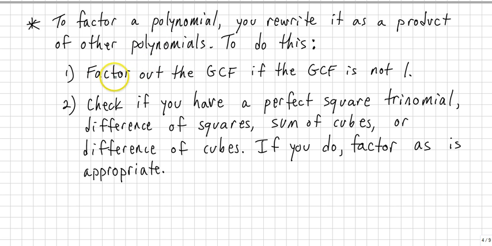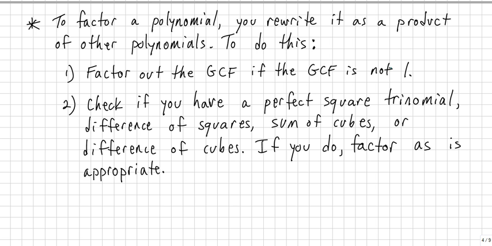So the first few ways we're going to look at doing this, the very first thing you should always do is look and see if the polynomials have a greatest common factor. If they do, we're going to factor that out. Now, if the greatest common factor is just 1, that's the only thing they have in common is a positive 1, then we're not going to bother factoring out a positive 1 because it doesn't really change the appearance of the polynomial.